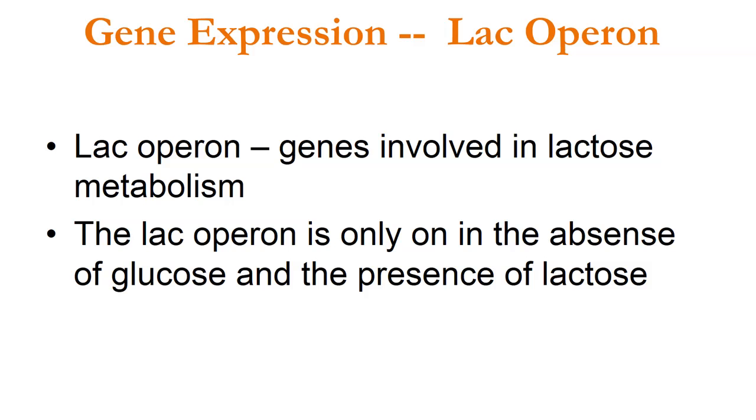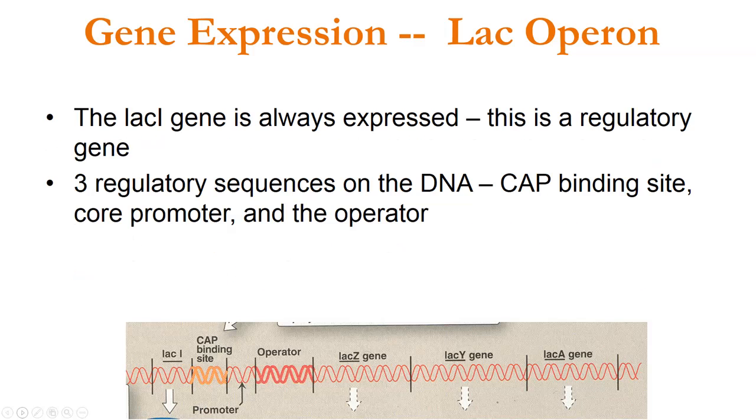In this case, we can make a polycistronic messenger RNA, which we had already talked about. And the LAC operon, which controls the production of these enzymes involved in metabolizing lactose, is only on if glucose is absent and lactose is actually there. So how does that actually work?